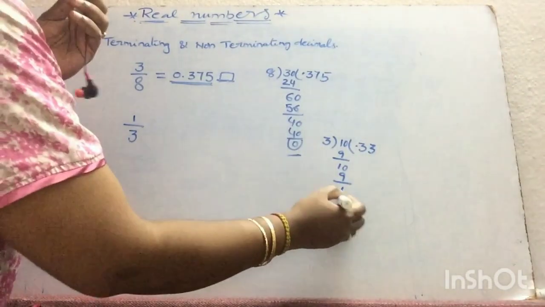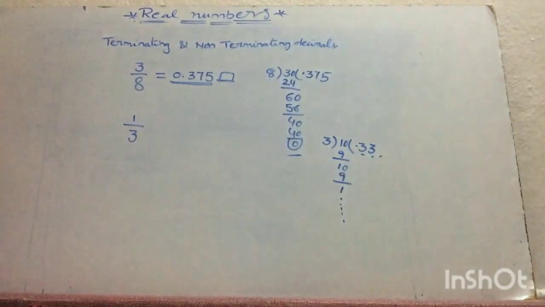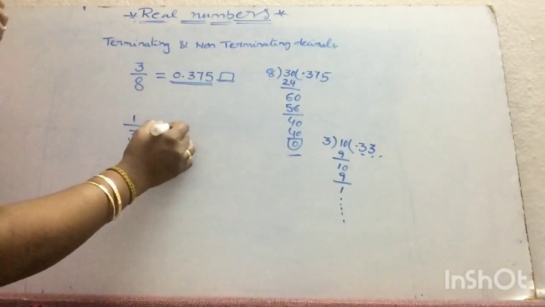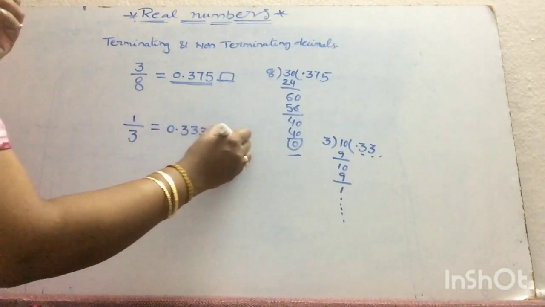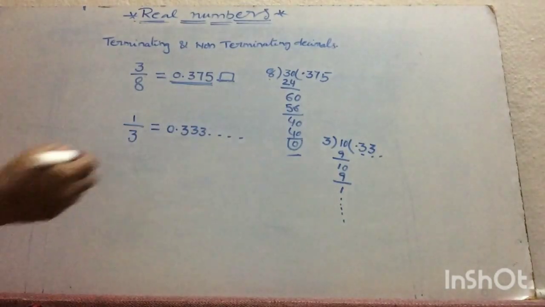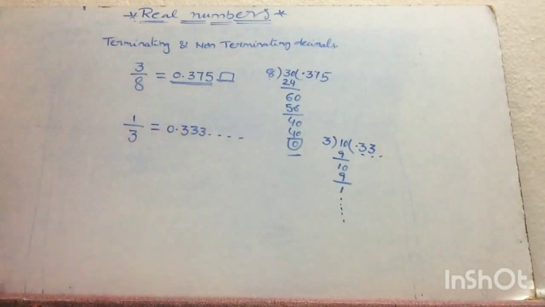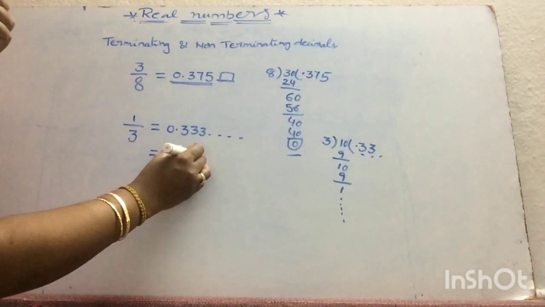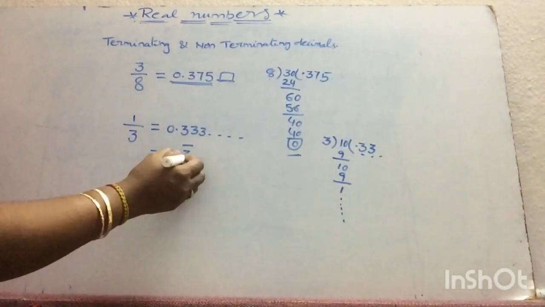So this is repeating, 3 3 3 3 repeating. These have no ending. So we will write it as 0.333 and so on. So this is a non-terminating decimal number. I will write it like this, 0.3 bar. Why do I put a bar here? That means this.